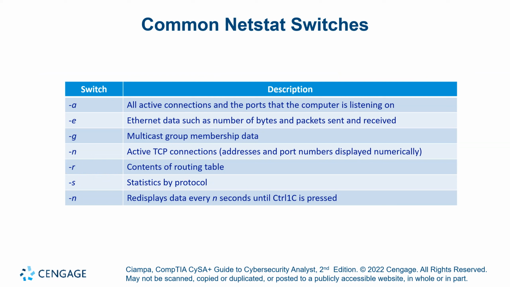The -a switch shows all active connections and the ports that the computer is listening on. This is definitely an active scan and it will hit all of those ports.